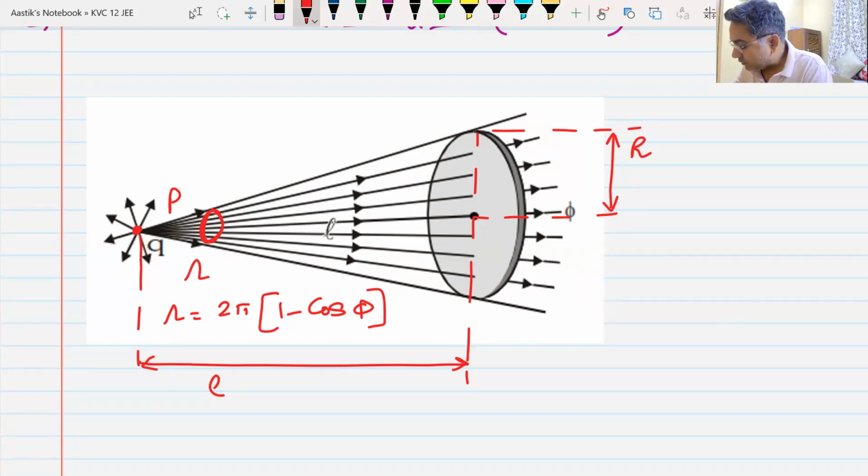Let me tell you. This phi is the semi-vertex angle of the cone. So 2 pi into (1 minus cos phi) is the solid angle subtended by this disk at the apex of the cone.